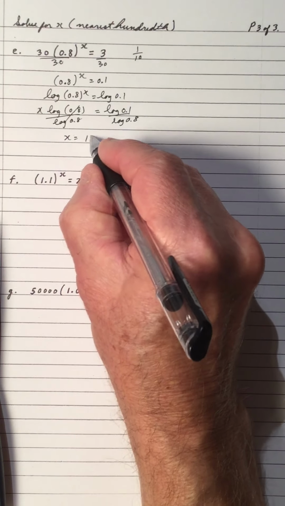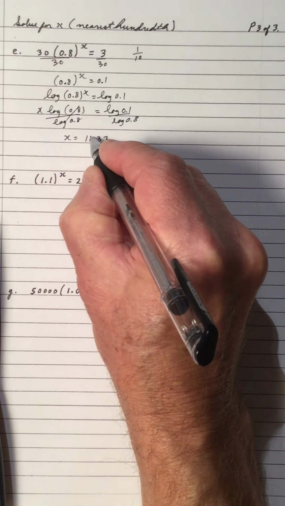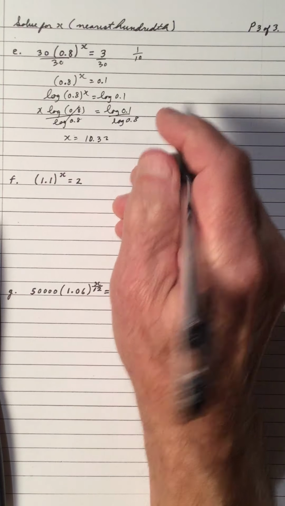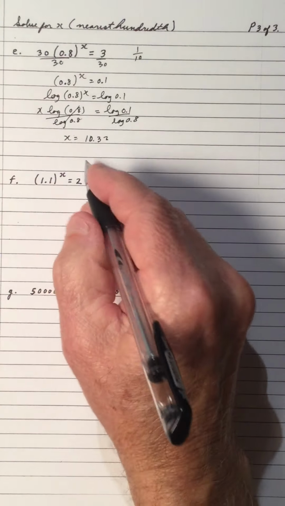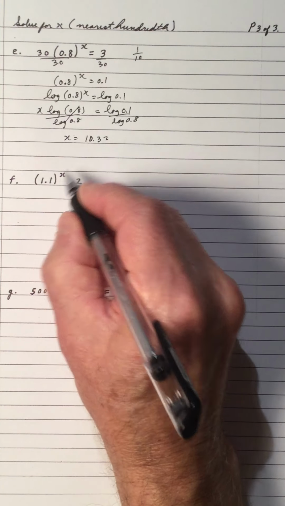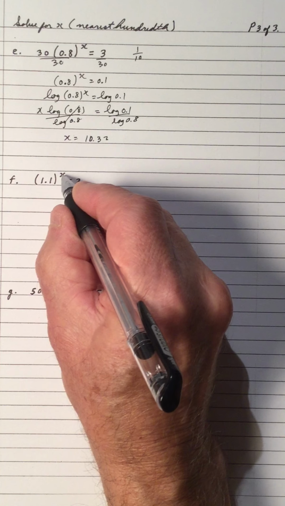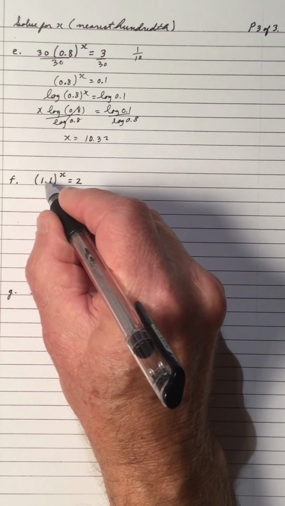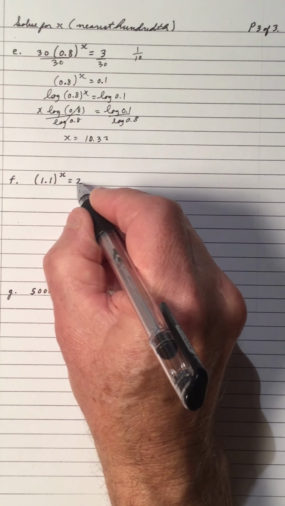So x is 10.32 approximately. Again, it's approximate. Similar problem, but this time we have a decimal here, so 1.1 to what power of x will give me 2?